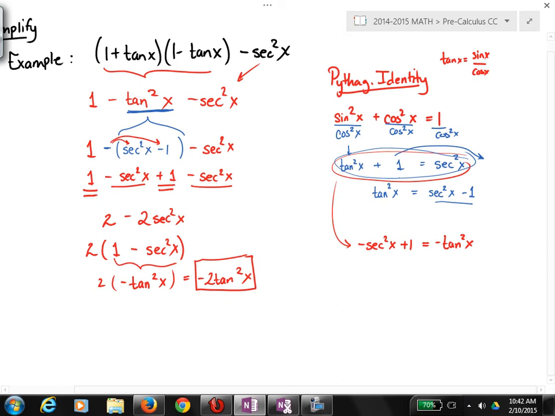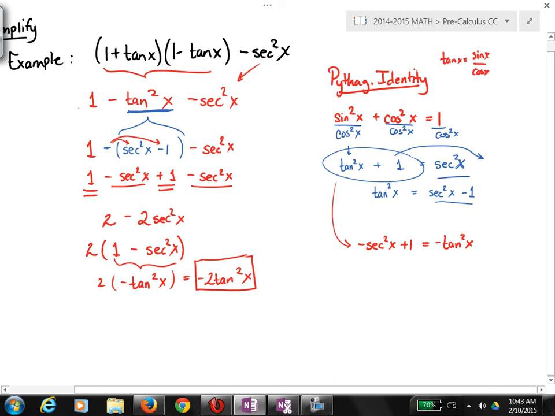Instead of solving for tangent, I could have solved for secant, or not necessarily solved, but secant squared of x is also equal to all of this portion right here.